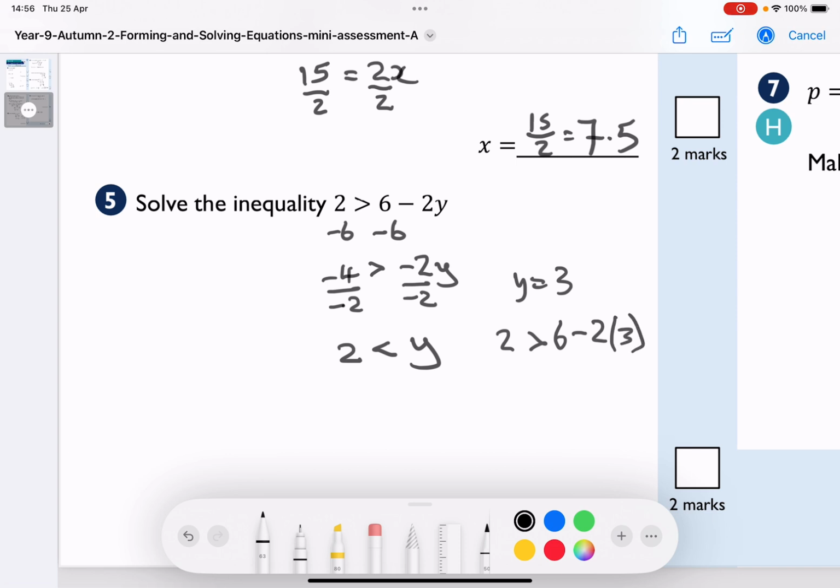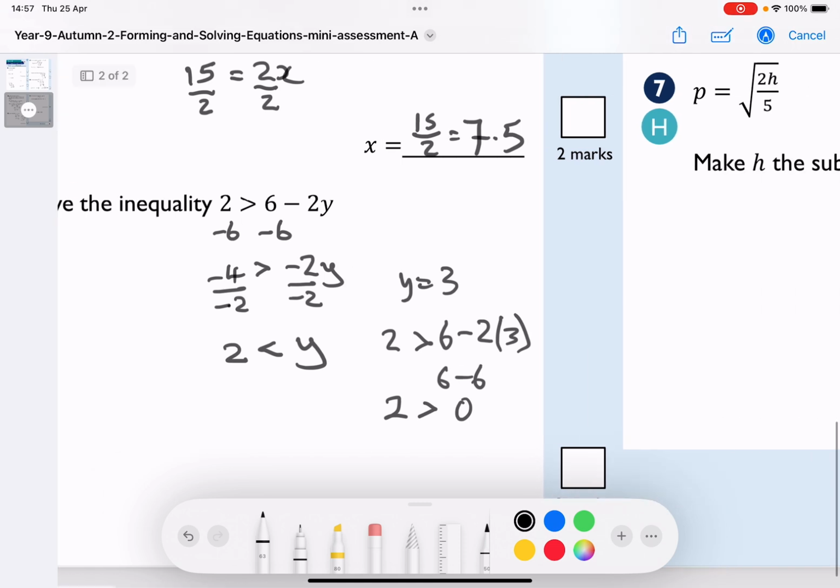Well, 2 lots of 3 is 6, so 6 minus 6 is 0. And is 0 less than 2? Yes, it is. If I checked it and it was wrong, what I would then do is turn the inequality the other way around. I have known people do that, but in this case, that is the best way of doing it.